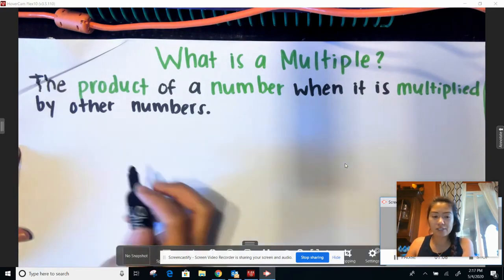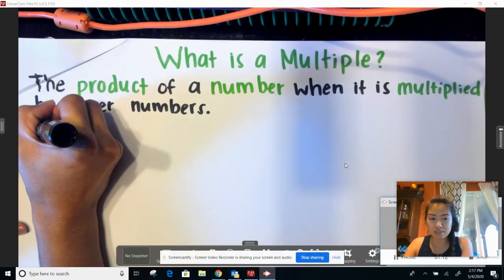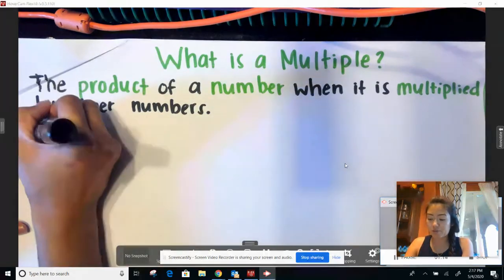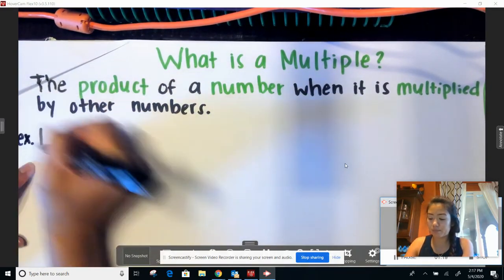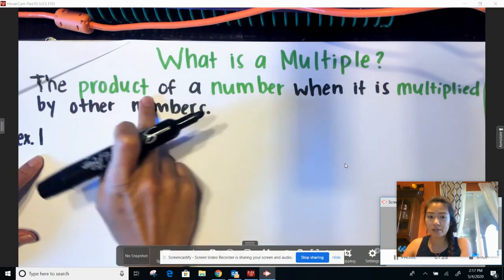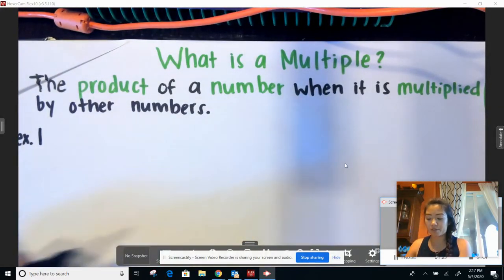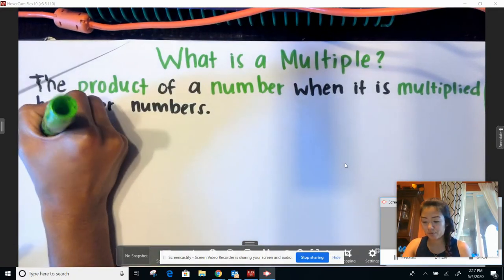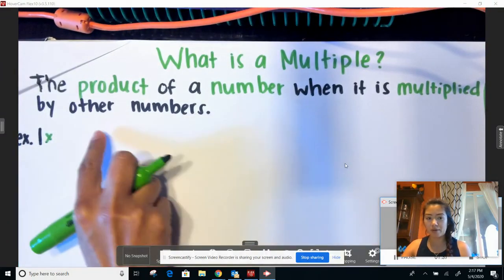So let's start with 1 just because it's simple. If my example is the number 1, a multiple is the product of this number when it is multiplied by other numbers.